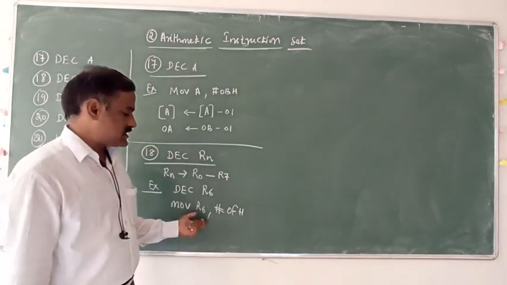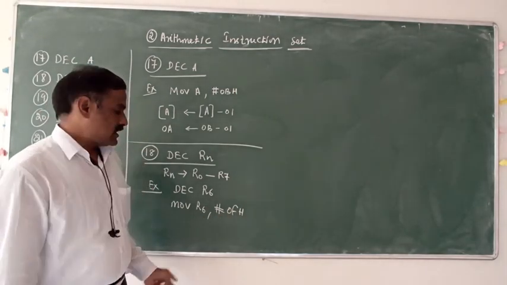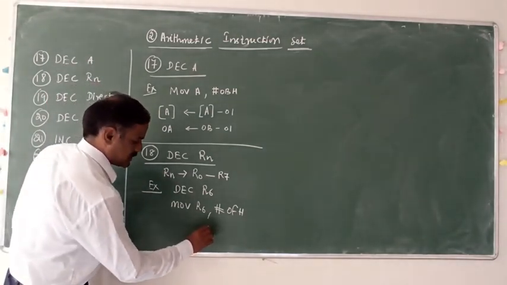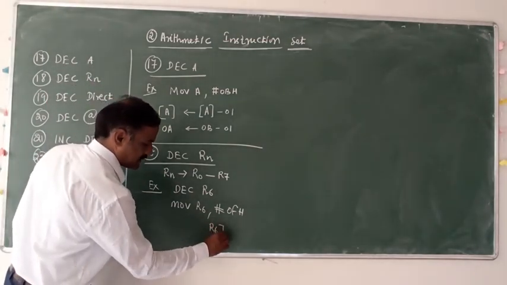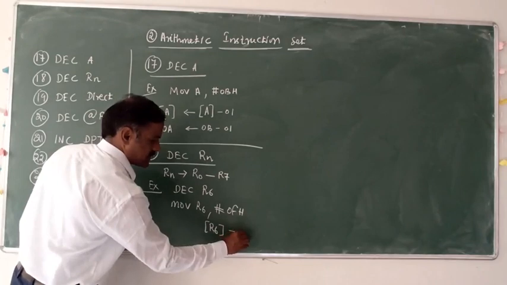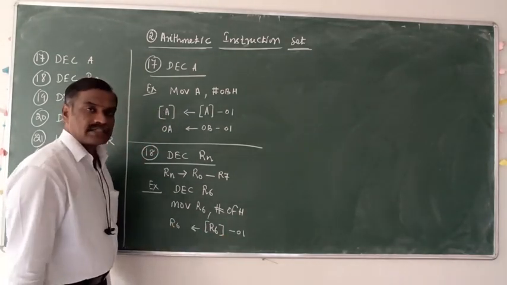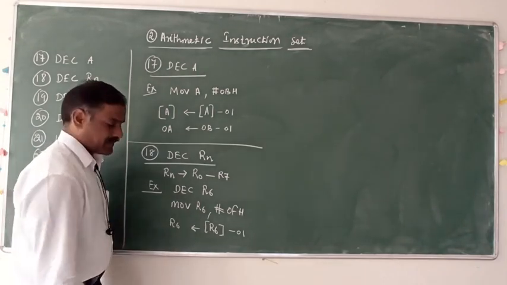In register R6 data 0F. Now to decrement the R6 register content single times, register R6 data minus 01 and the result to move to register R6 itself.